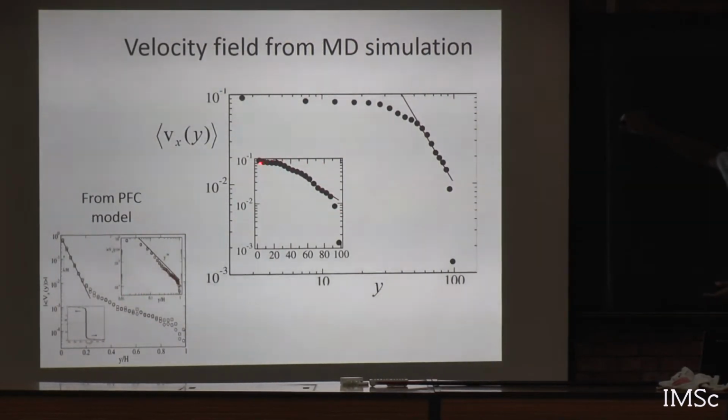Here what you see is that very near the wall, this is going into the bulk. Sorry, this is the outer plate which is moving, and this is the inner plate which is static. The velocity is going down there.